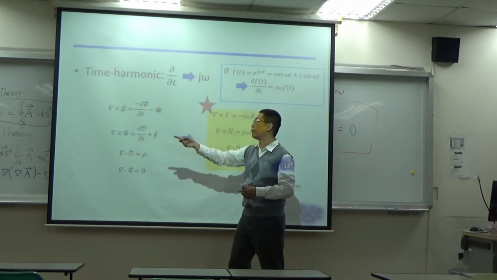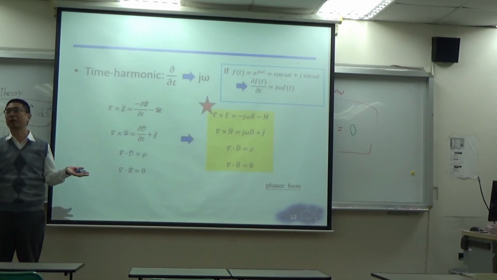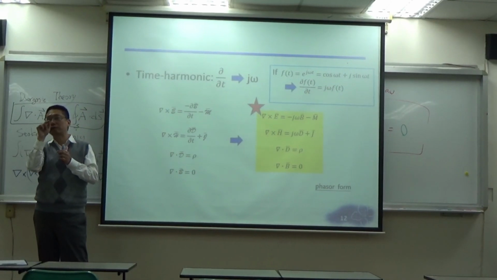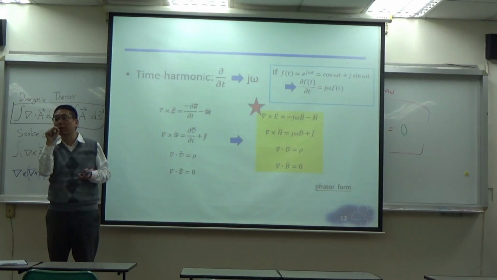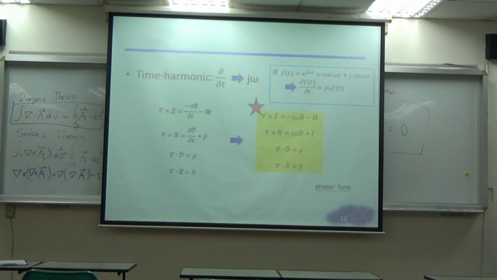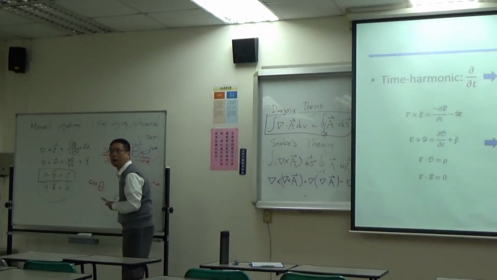For the case of air, free space, D equals epsilon multiplied by E, so epsilon 0, and mu 0.